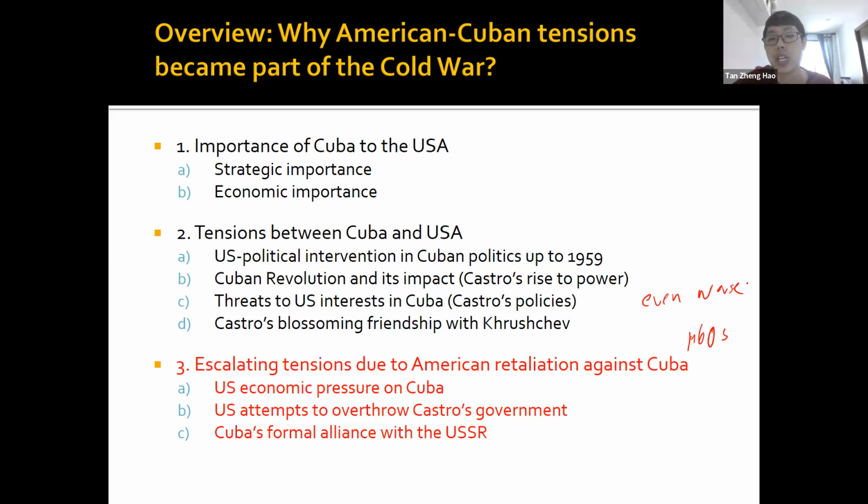If I can give an analogy, if the US is a boyfriend and Cuba is the girlfriend, you realize that Cuba is starting to meet another guy. You already had a bad relationship, and now that you know Cuba is cheating on you, you will have an even worse relationship, and you'll do things that will make it even worse.